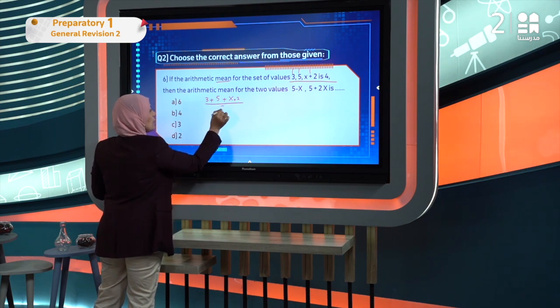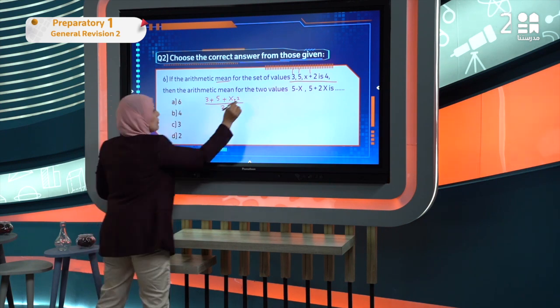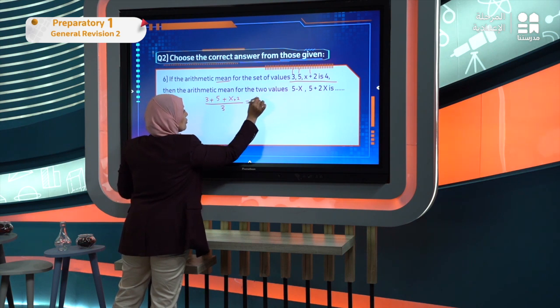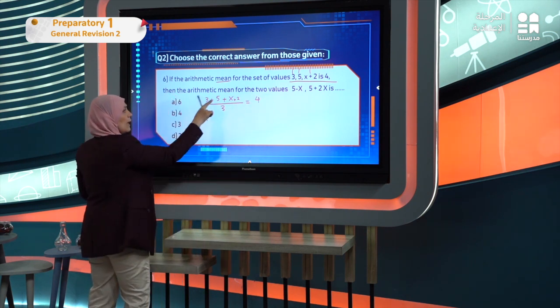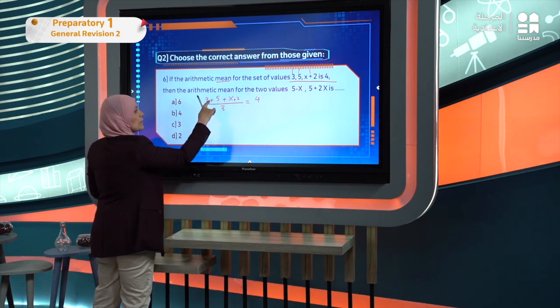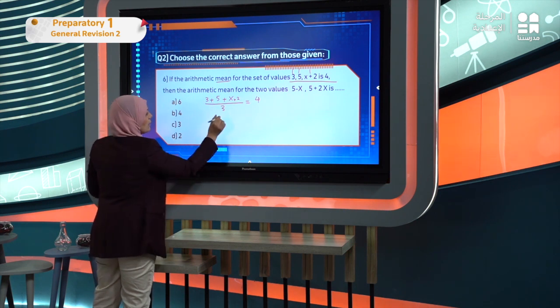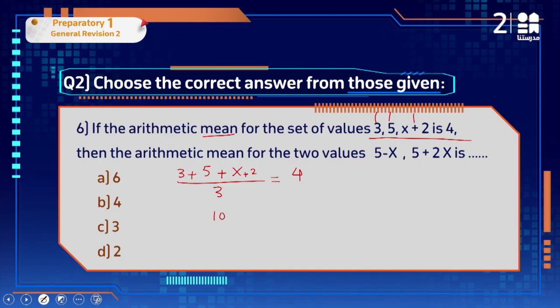Divide by 3 because we have 3 values. The mean is given, which is 4. Then add the numbers. 5 plus 3 plus 2 is 10. 3 plus 5, 8 plus 2 is 10 plus x here over 3 equals 4. Then solve this equation.